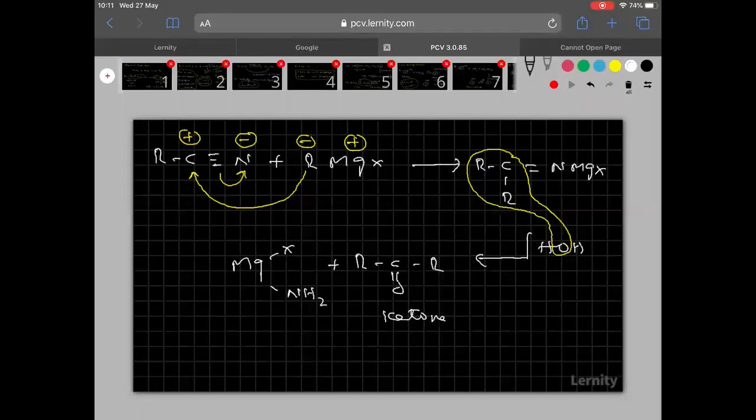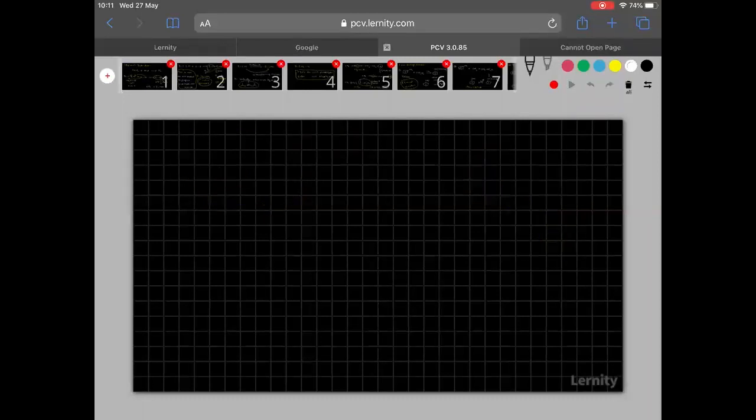Okay, now coming to the last preparation method. Let me put the heading, and this reaction is well known to you, Friedel-Crafts acylation. This is very familiar, and I think in the previous lessons also we discussed this reaction.